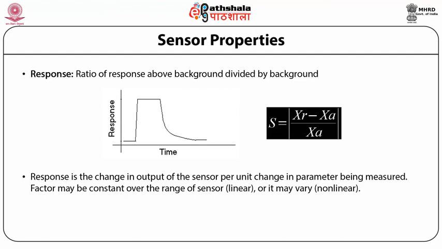So the response is the change in the output of the sensor per unit change in the parameter being measured. The factor may be constant over the range of the sensor, that is linear, or it may vary non-linearly.